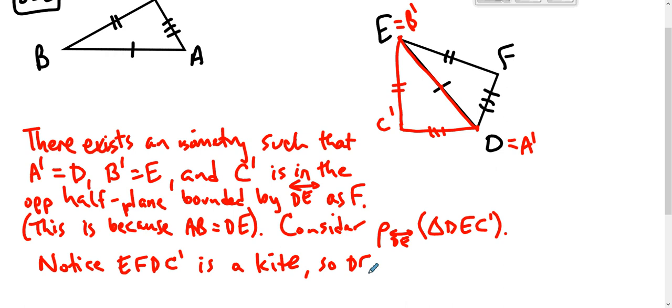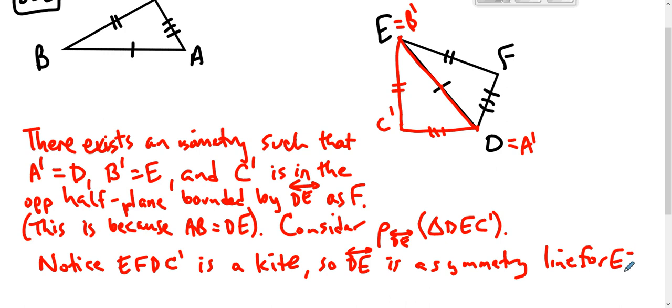So DE is a symmetry line for EFDC prime.